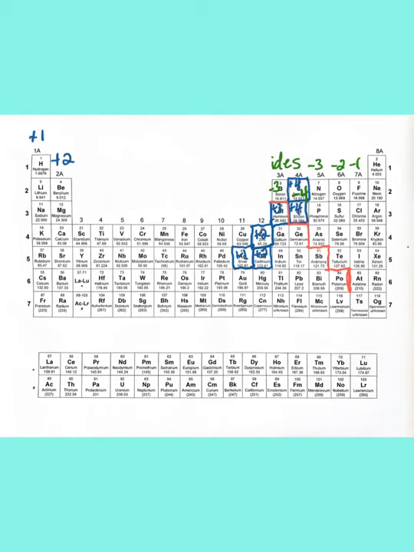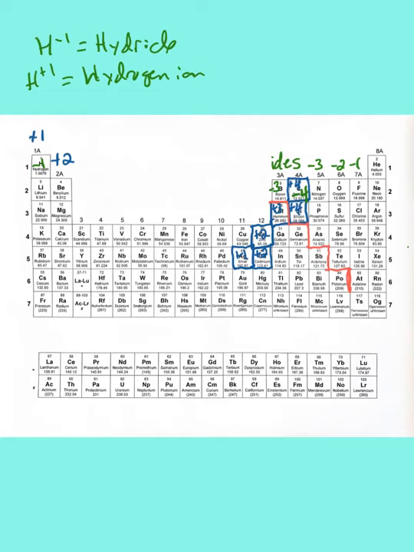And then hydrogen is usually +1, but it can also be -1. So if you are given H-1, that's going to be hydride. But H+1 is going to be hydrogen, or the hydrogen ion.